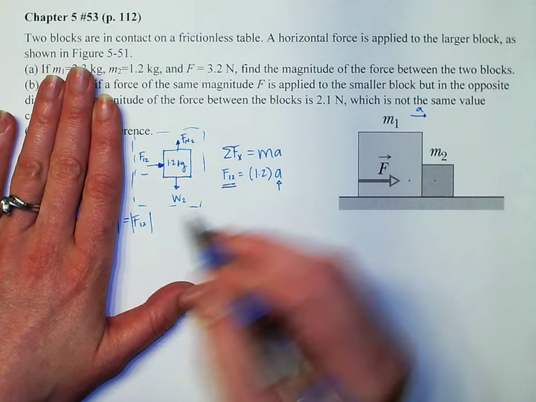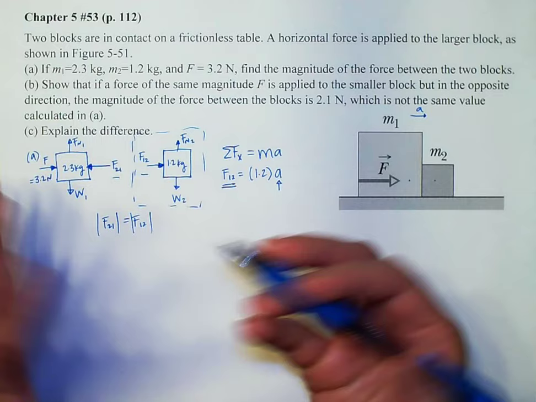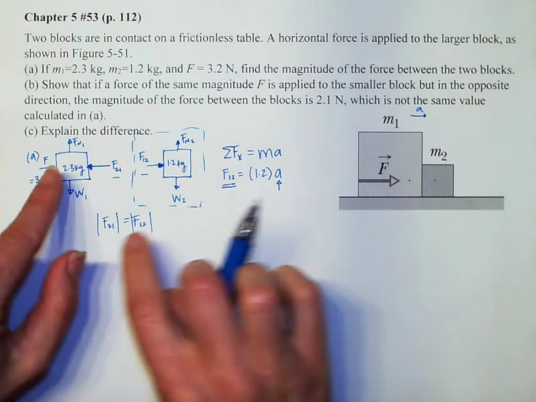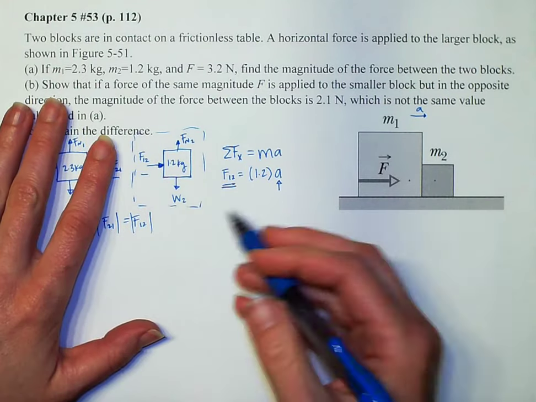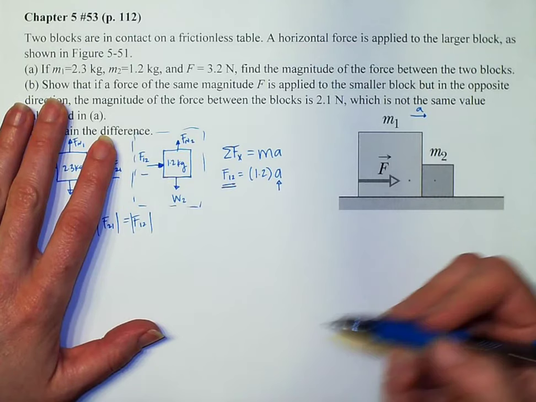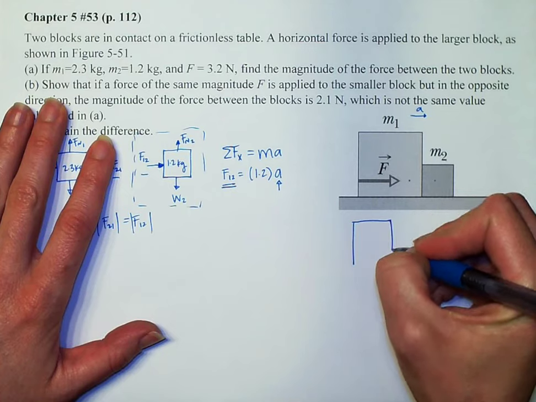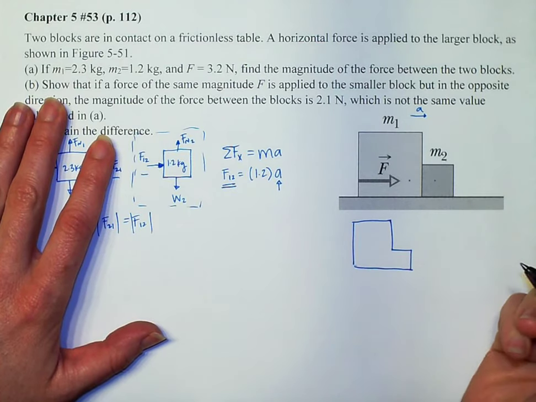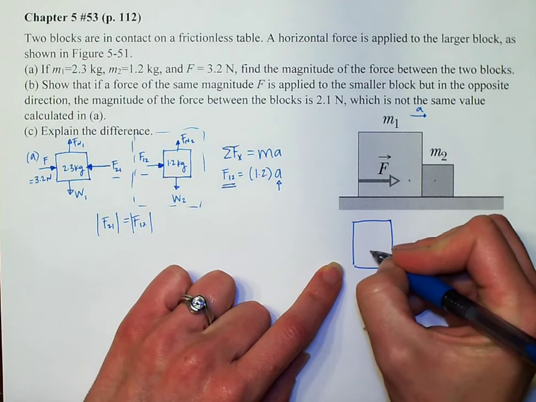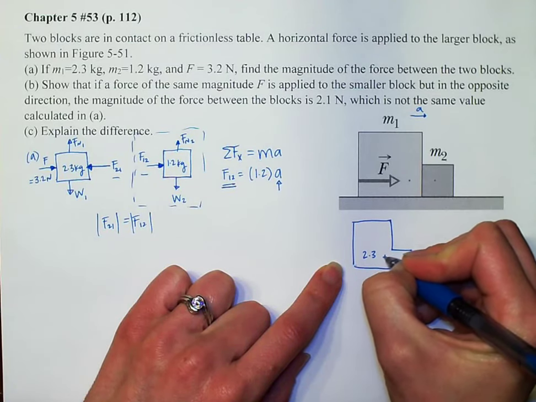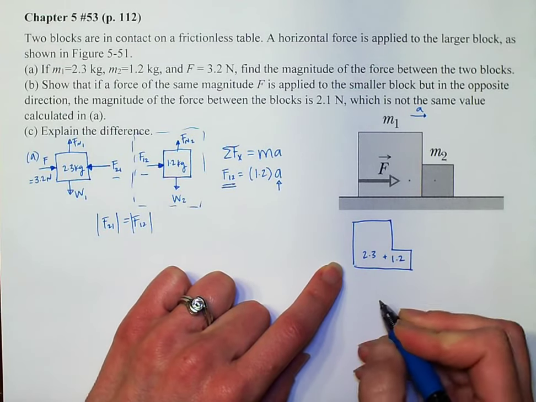And so in a problem like this, I highly suggest drawing a third free body diagram. And this third free body diagram is going to be really useful in solving for acceleration. So my third free body diagram is going to be both of them together. So this will be 2.3 plus 1.2.